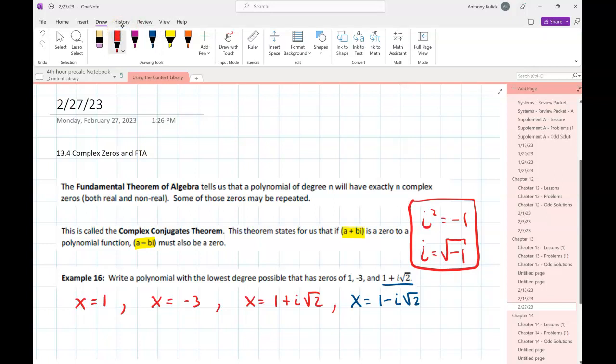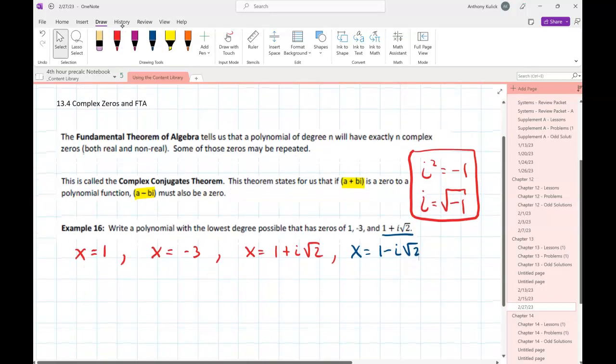So because that is an imaginary solution, I know that it has to have a conjugate pair to go with it. So I'm going to write that down on my list also, even though it wasn't given to me in the problem. I know it has to be there. Okay, so I know that these 4 things are solutions.